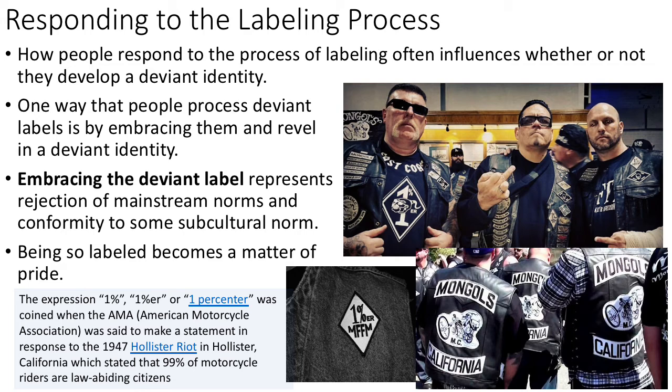Now, we maybe also want to remember Robert Granfield's article, Making It by Faking It, right? Because in that article, some of those working class law students that he talks about try to deflect that possibility of being stigmatized by faking it, by trying to fit in, by trying to pass as middle class.